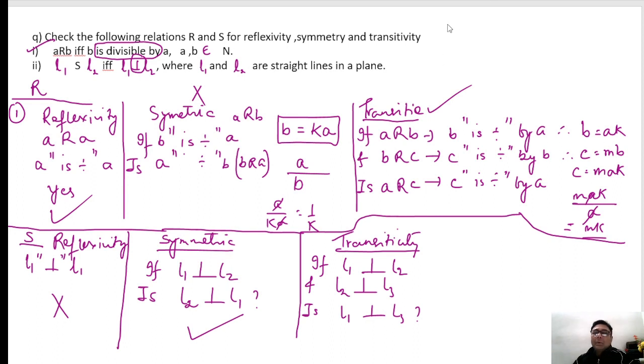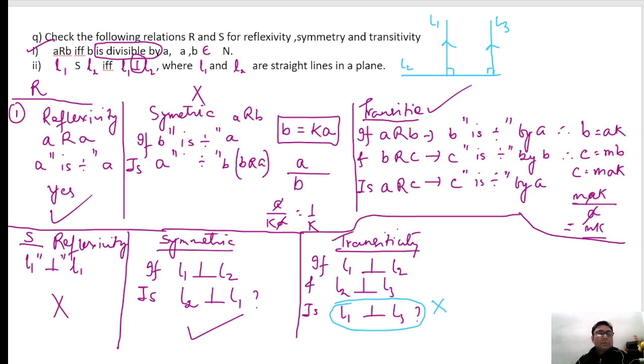This is L1, line L1. It is perpendicular to L2. And L2 is perpendicular to L3. So L1 and L3 become parallel lines. That means L1 is not perpendicular to L3. That means this is not transitive. Got it?